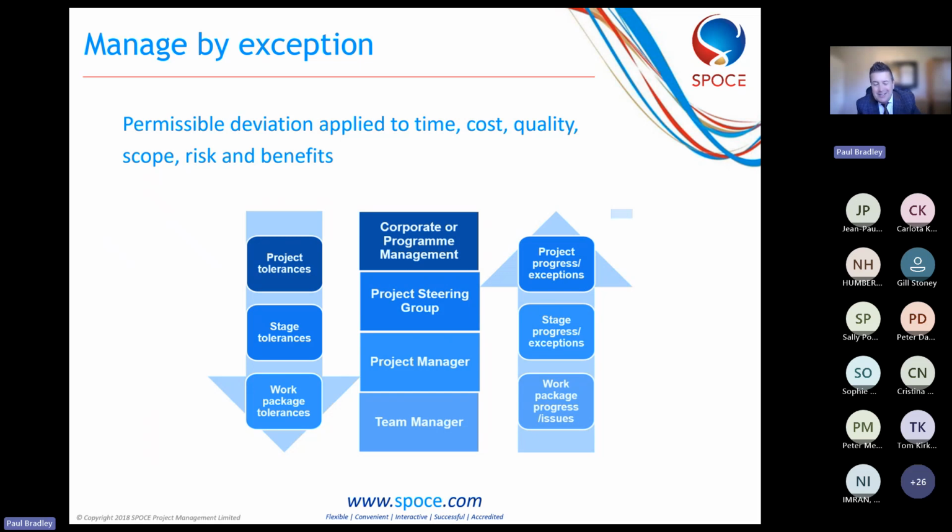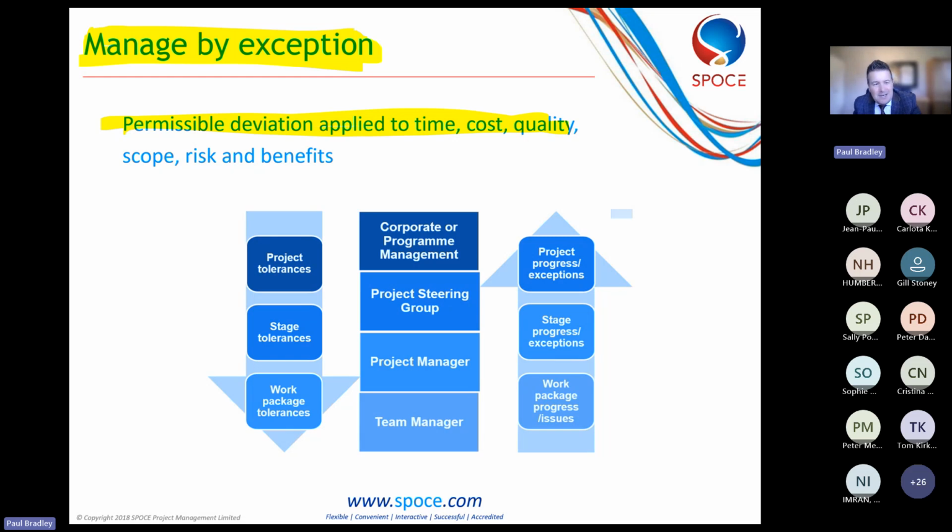Based on those forecasts, it may well be that we're forecasting that we're going to come in under budget and on time, maybe on budget, over time, whichever. And what we have is a tool available to us called manage by exception. Essentially it means there's a permissible deviation to time and cost.